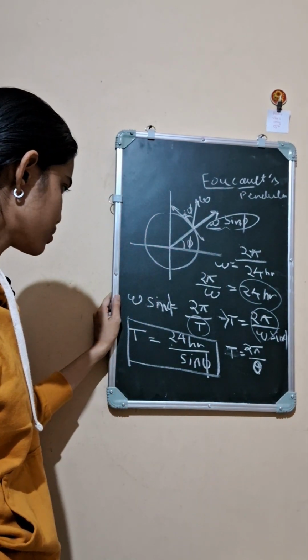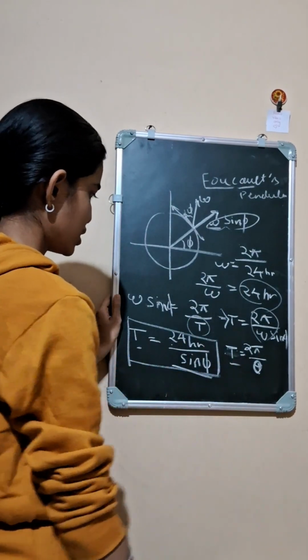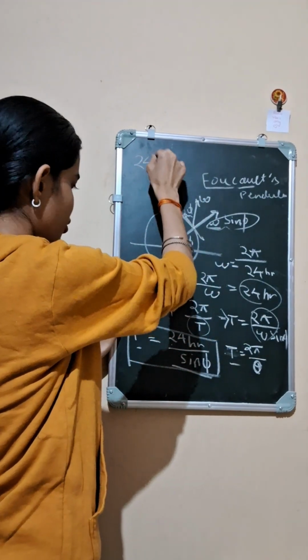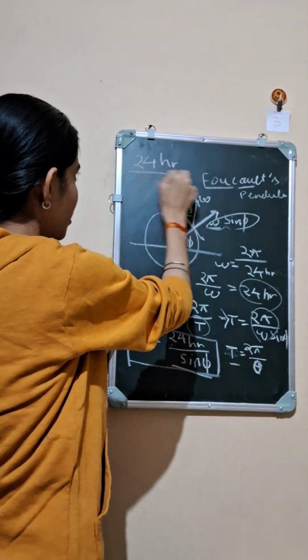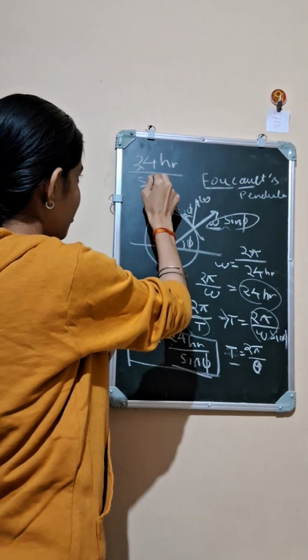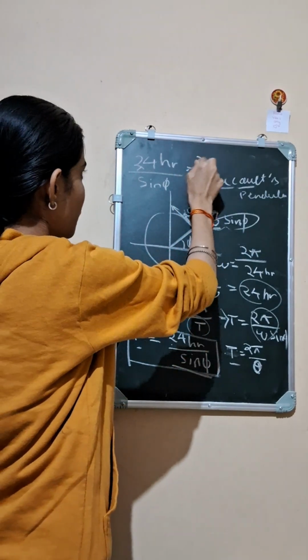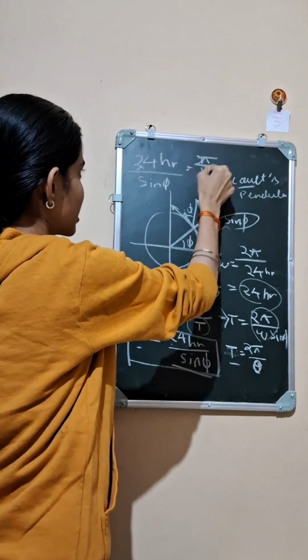Now we have to use this equation because T equals T. So we get 24 hours by sin phi equals 2 pi by theta.